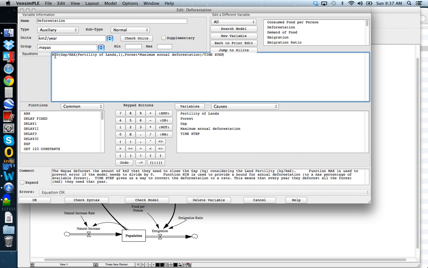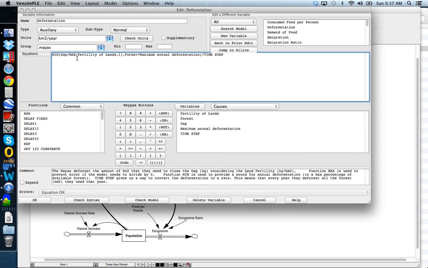So you compare the ratio of the gap of food divided by the available fertile land, which is the food needed to be produced per unit area of land, and you compare that with, and I'll define this variable in a second, the maximum annual deforestation times the forest available.